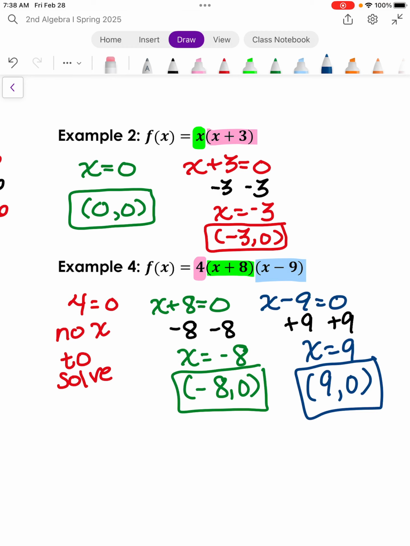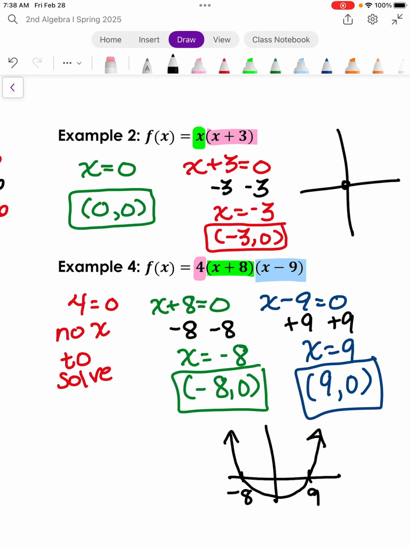Remember that you have 0, 1, or 2 x-intercepts. So this graph looks something like this, negative 8 and 9, and it has intercepts like that. For example 2, I've got an x-intercept at 0 and at negative 3. So this one looks something like this.